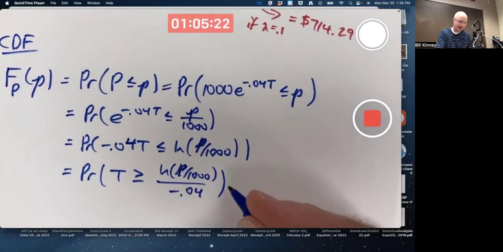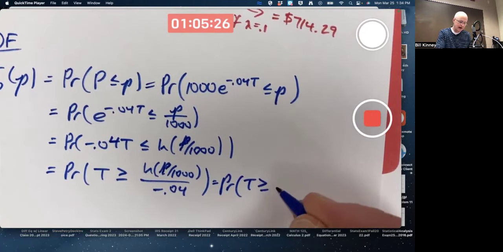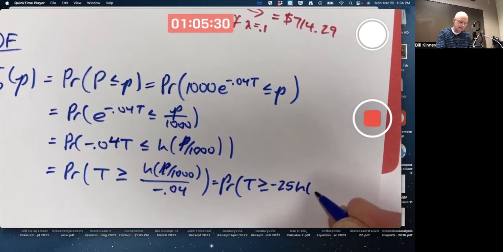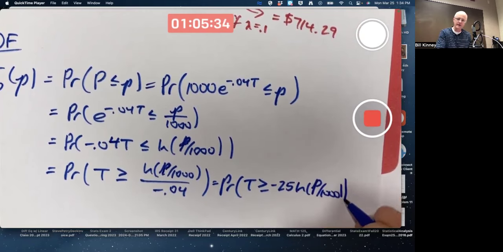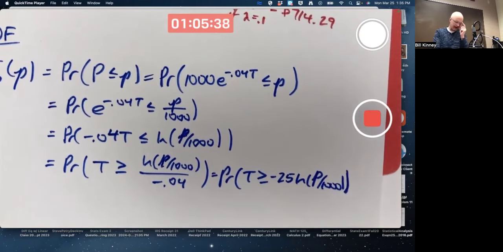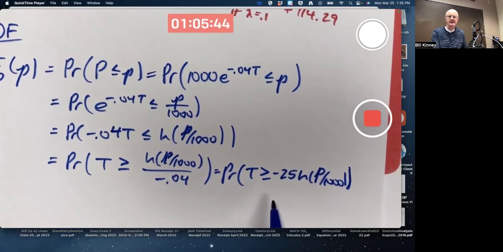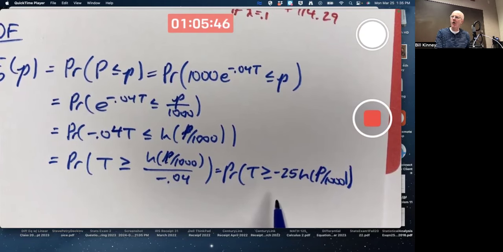Which seems like that's a bad thing, because we've always dealt with less than or equal to's in these probability statements. And by the way, dividing by negative 0.04 is the same as multiplying by negative 25.